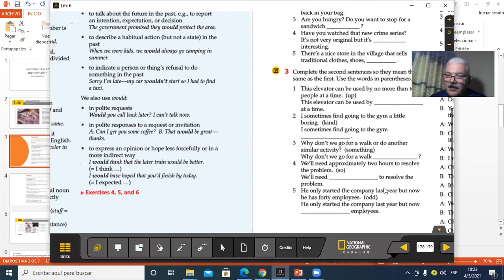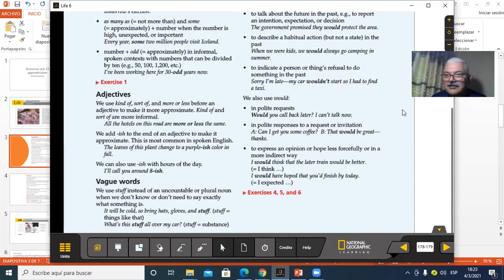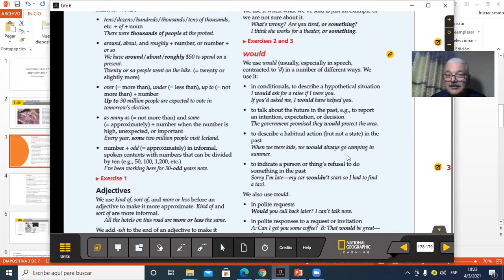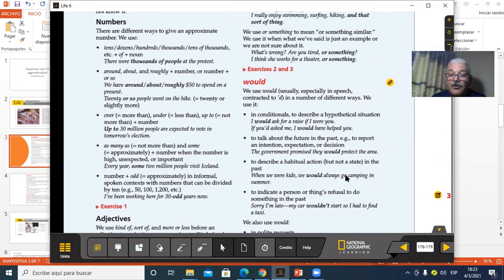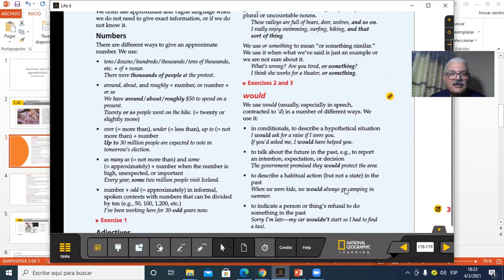So let's see. Well, in this case, we have said some numbers, and these numbers will help us to give an idea of what we are saying, not the exact amount, okay? So we could also use about this 10, dozens, hundreds, tens of thousands, many others, okay?